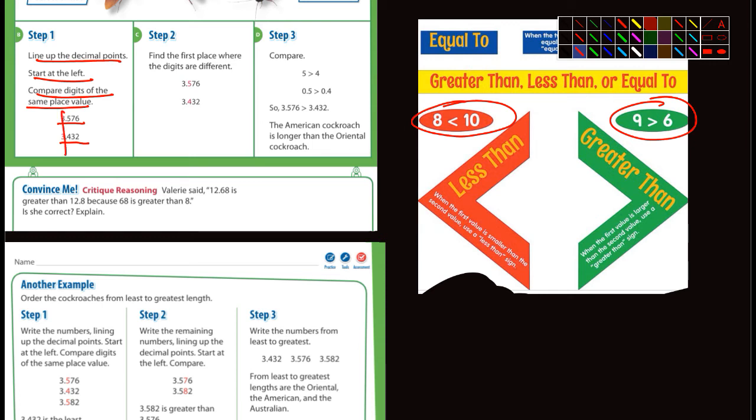Now, this is assuming we've got them lined up. The very next digit after the decimal, for this one it's a 5, for this one it's a 4. Which one's larger? The 5 is larger. This is going to be the larger number. And as they put here, you'd compare them. 5 is greater than 4. Again, notice that they're using this symbol here, pointing in that direction. Okay.